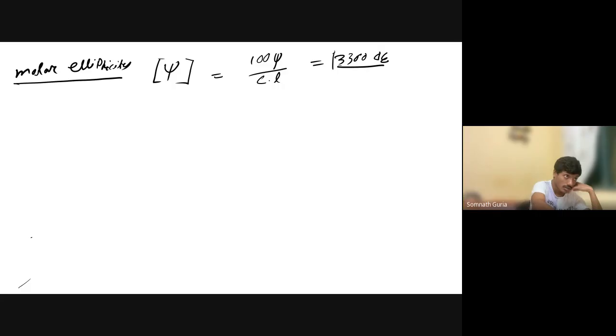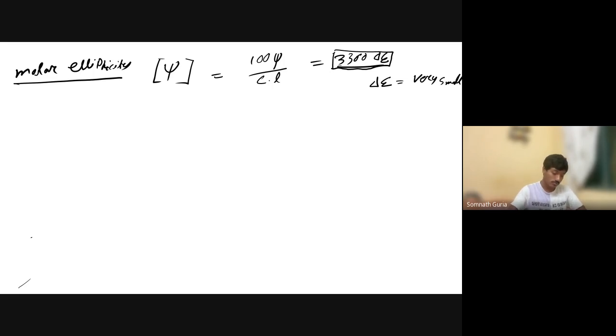This is the final data we get, and this delta epsilon is very, very small. This is the equation we found.